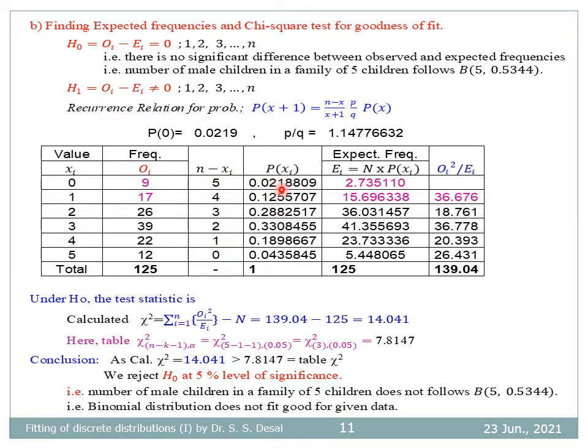To find these probabilities, we have used this recurrence relation with P0 equal to q raised to n, so that is equal to 0.0219, and p by q is 1.1477. Using these two quantities and this relation, we have obtained these probabilities. Here the sum of all the probabilities is 1. So this is P0, that is q raised to n.